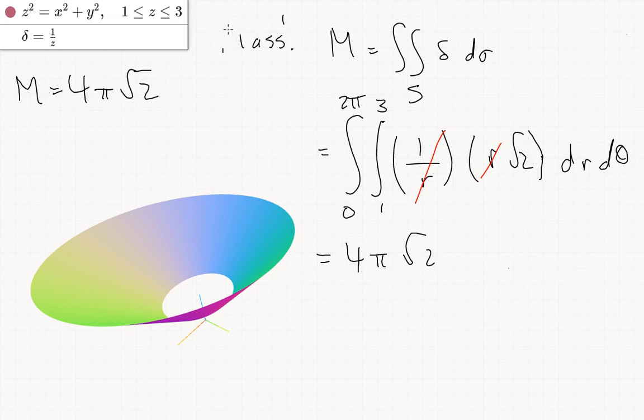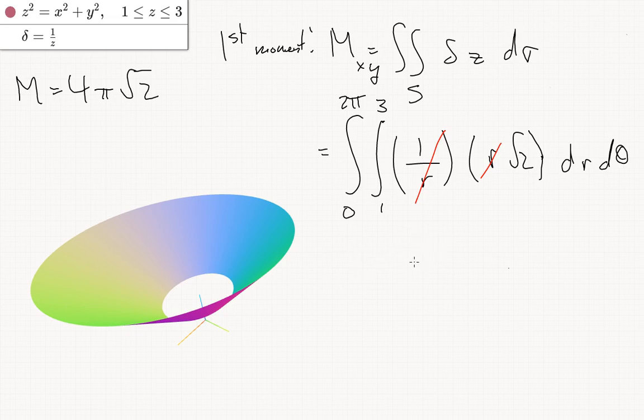So then next we need to figure out the first moment with respect to the xy plane. So this will be Mxy, the integral over S of delta times z d sigma. So now we have a similar integral, but now we have another copy of z in here. So now we've got r inside. I guess we could pull out the root 2 and the 2 pi.